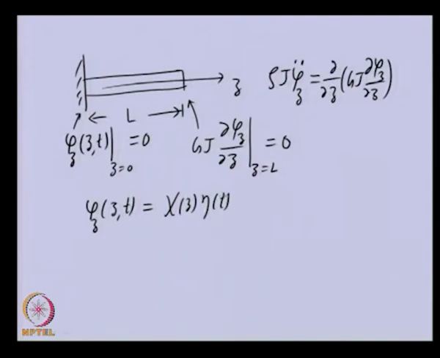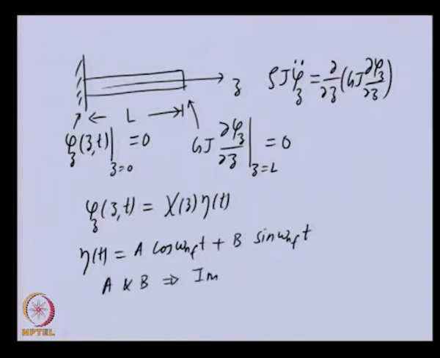The form of this harmonic function, we know, is a cos omega n t plus b sin omega n t, where omega is the frequency, t is time, and a and b are constants, which we will obtain from the initial conditions of the problem.